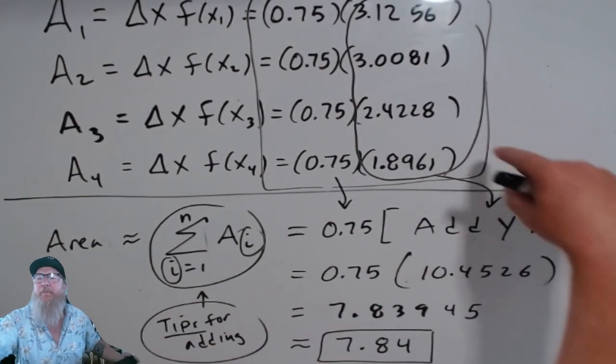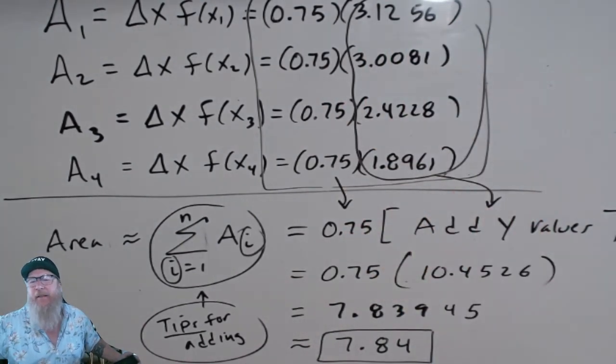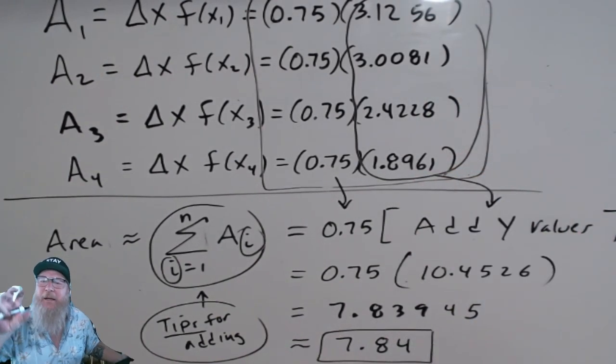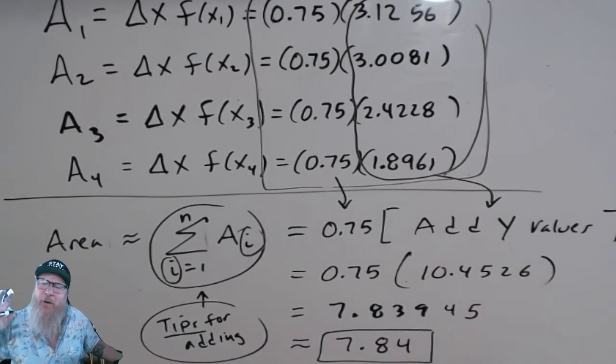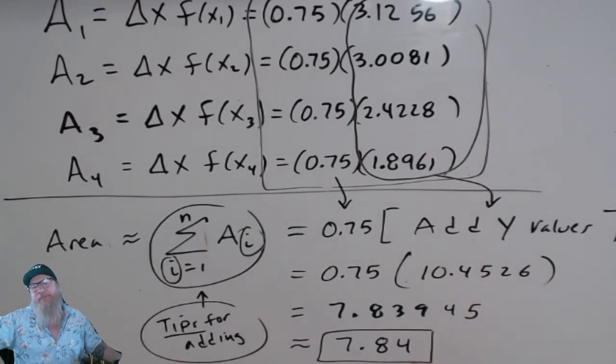Because I don't know if you are catching on to this, I've only used 4 or 5. I think I did 6 rectangles at one point. But this can be tedious, right? And what if you really wanted to do a good approximation? This is pretty bad. It's not very close to the actual area, right?